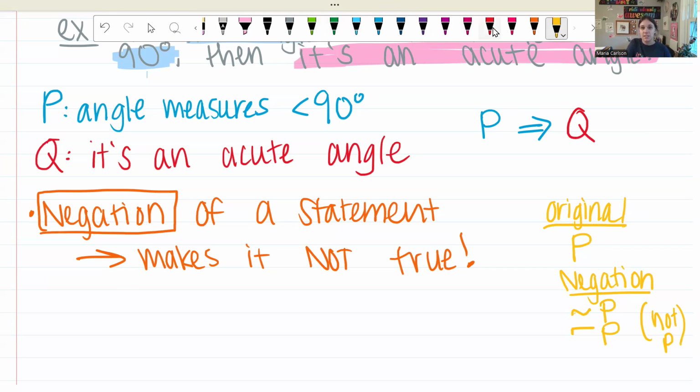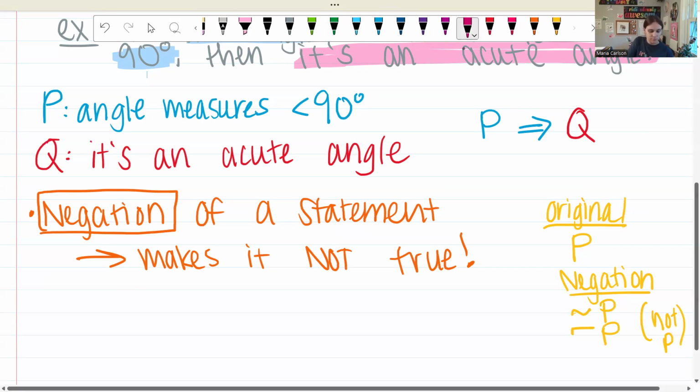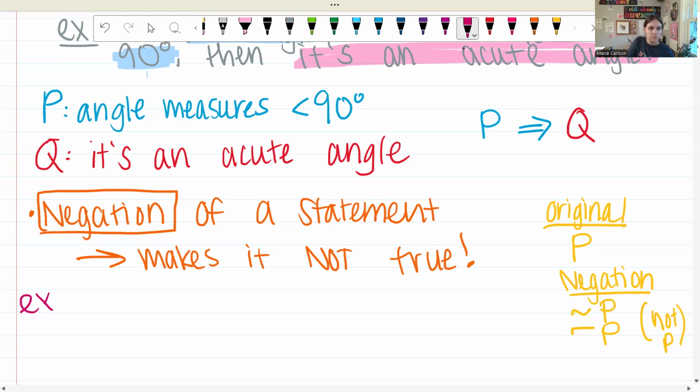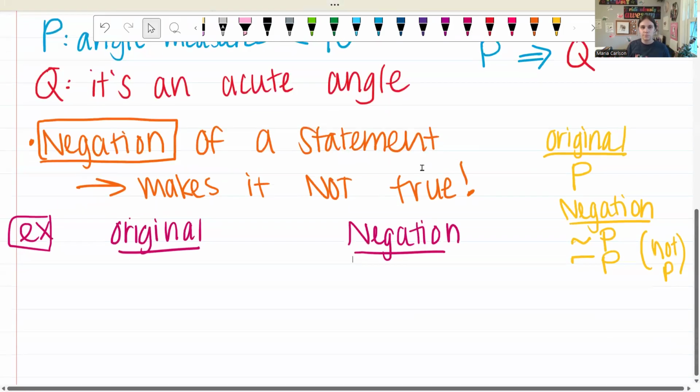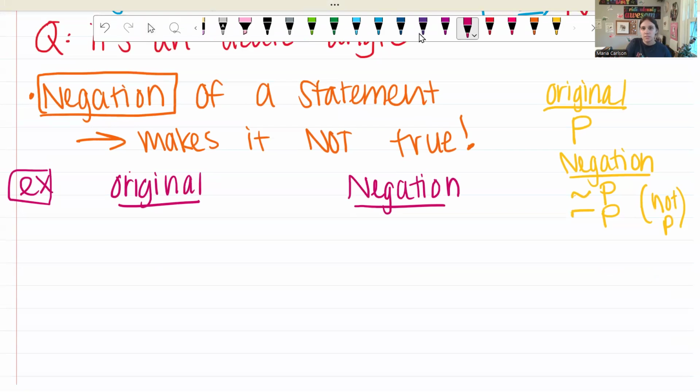So some examples of this. We're going to look at some original statements, and then we're going to negate them. My first original statement is, I am tall.